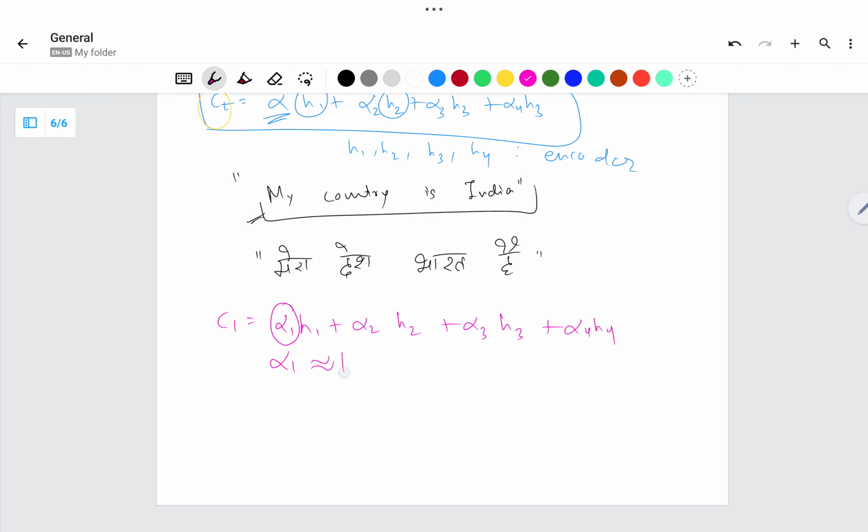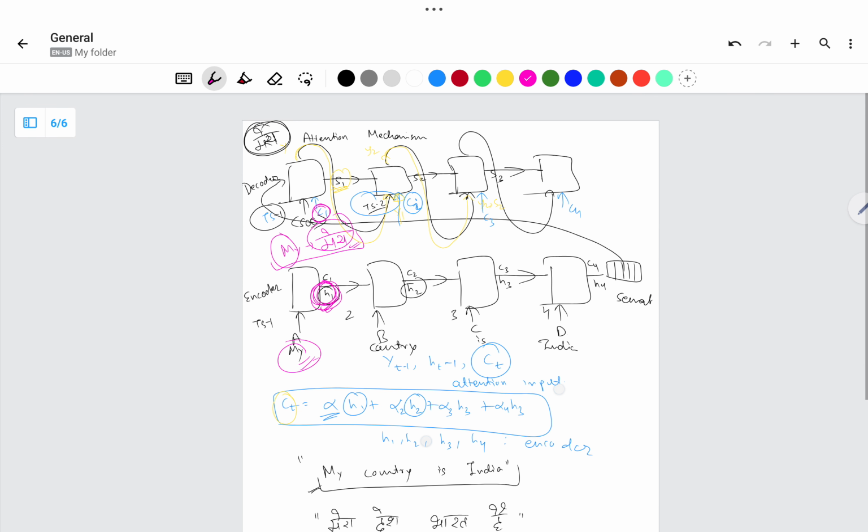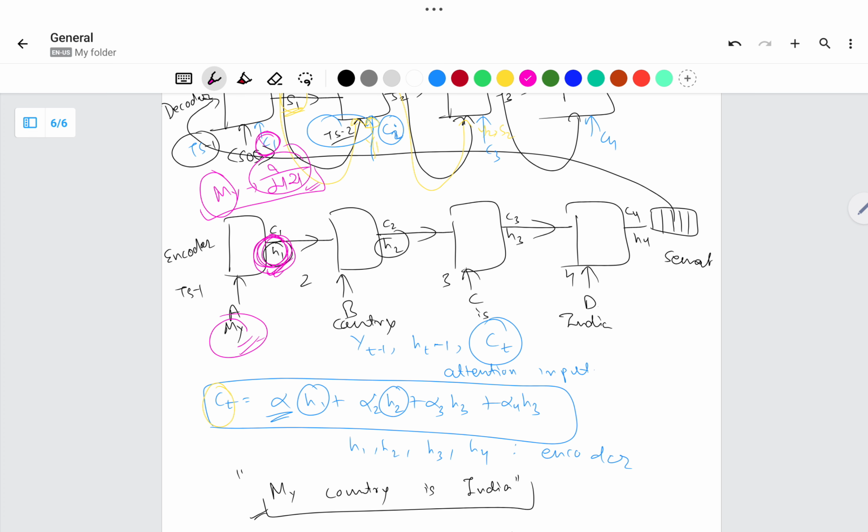It would be close to 1, and alpha 2, alpha 3, these would be closer to 0. Okay, so this would help the decoder block put light on which section of the encoder block is important for translating the word.